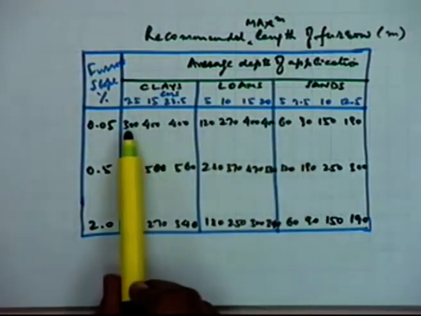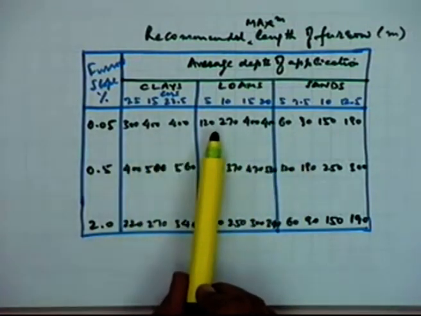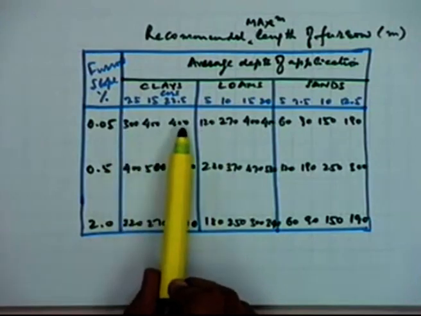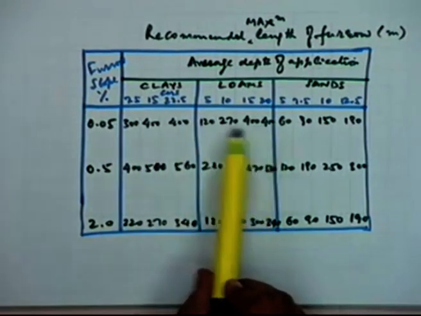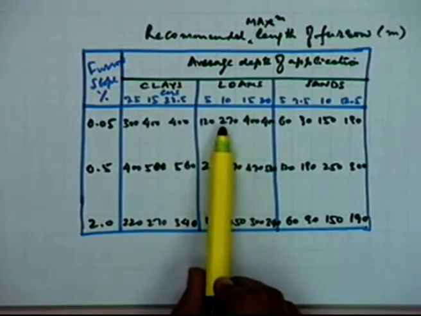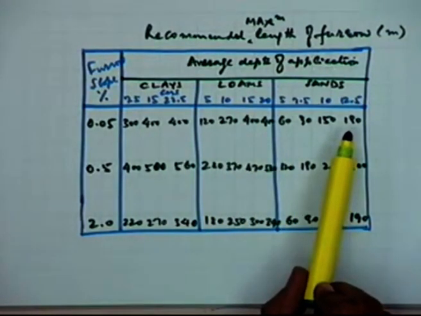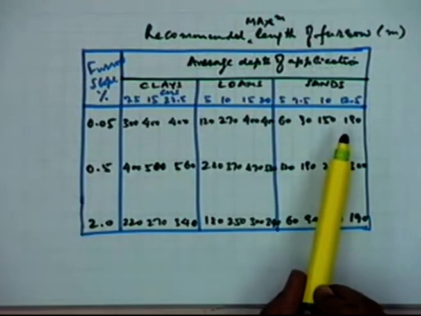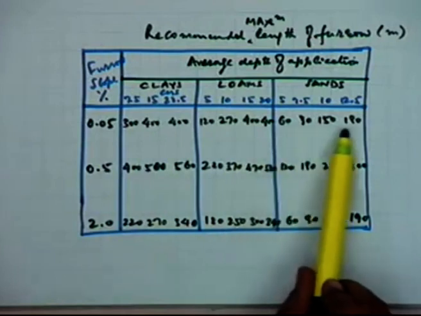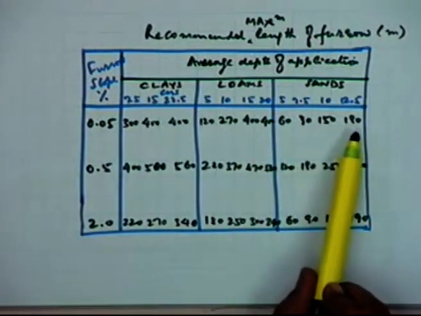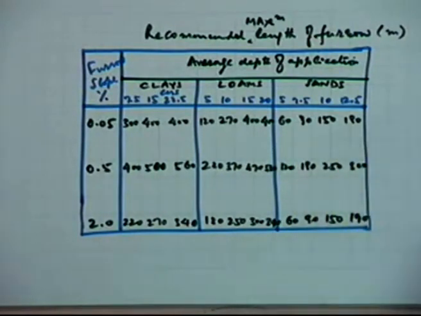The lengths were more for the clay soils, less than that for the loamy soils, and even less for the sandy soils, which is quite understandable because of the variable infiltration rates. The infiltration rates are maximum under sandy soils, so you cannot afford to have very long lengths. Otherwise, you will have a lot of deep percolation losses.